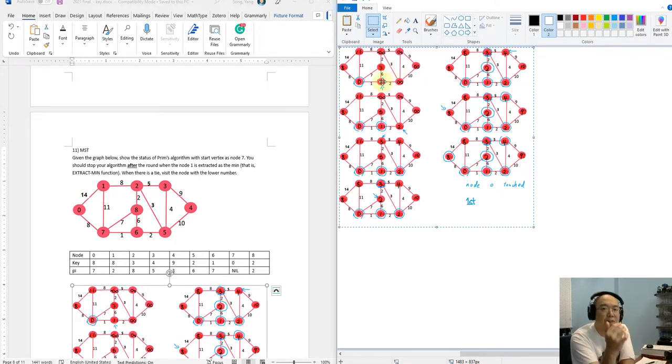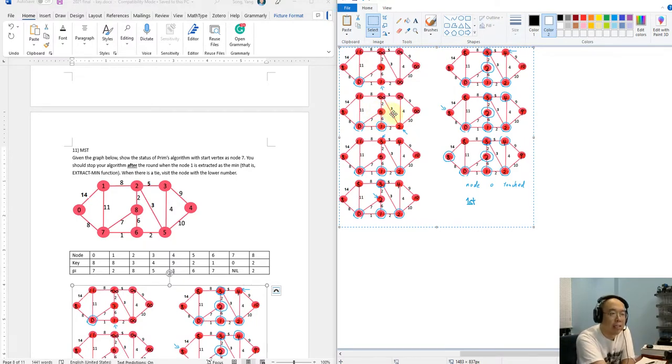So the next time we do an extract min, we are going to extract this node, and now this node is going to be in our MST. Remember, we used to have a 7 here, but because the cost of this edge is a 6, if we want to include this node into my MST, now the cost is going to be a 6.